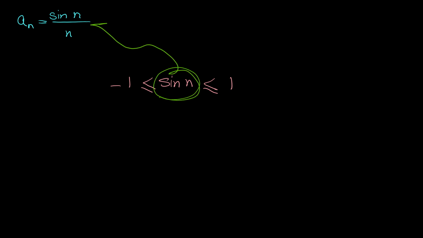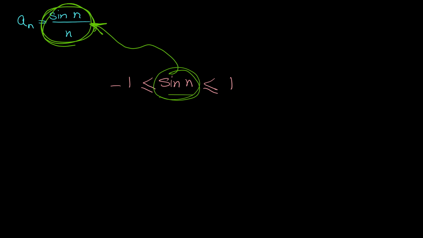So for these type of questions, always we start from the trig part of the question. So we start from sine of n, and we say that we know that always sine is between -1 and 1. Then we try to make this expression in the middle similar to the expression in the given sequence in this case.